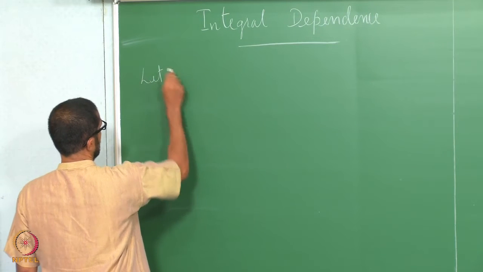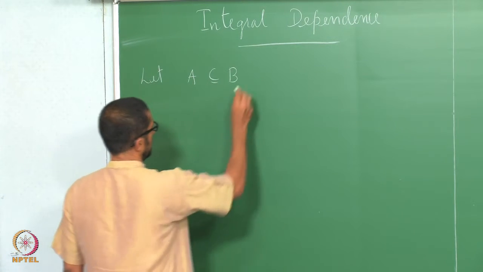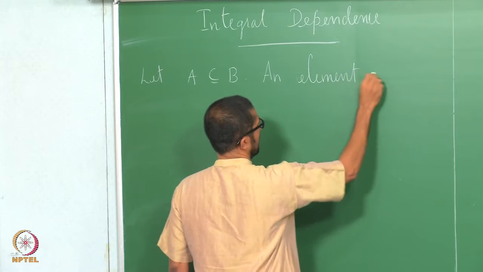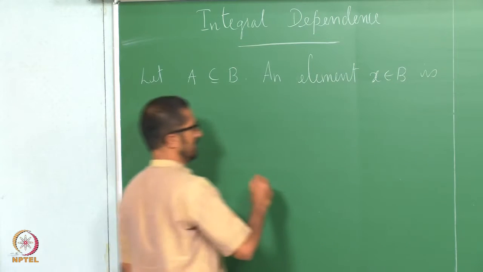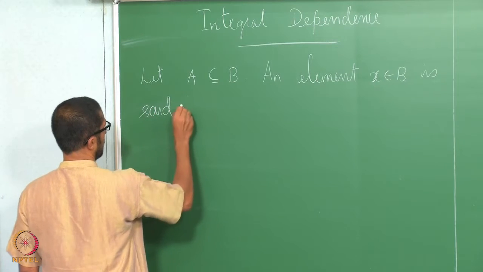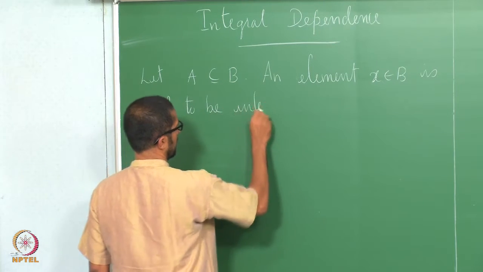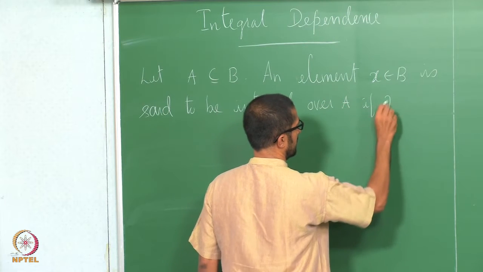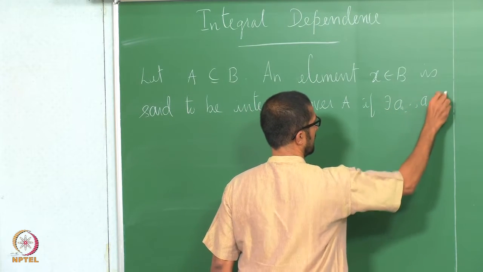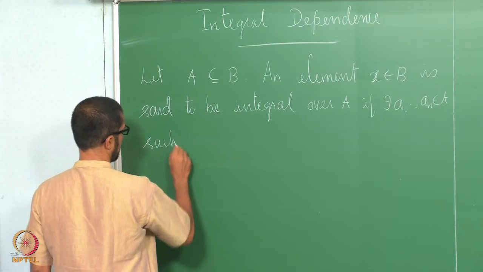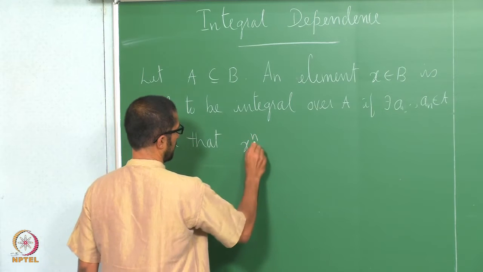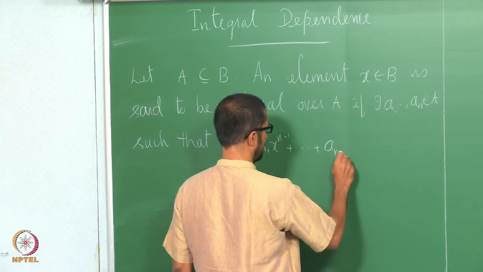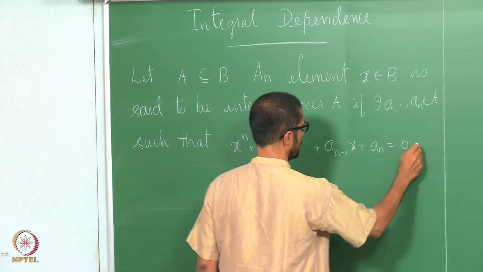So, let A be contained in a ring B. An element x in B is said to be integral over A if there exist a1 up to an in A such that x to the n plus a1 x to the n minus 1 plus ... plus a n minus 1 x plus an equals 0.